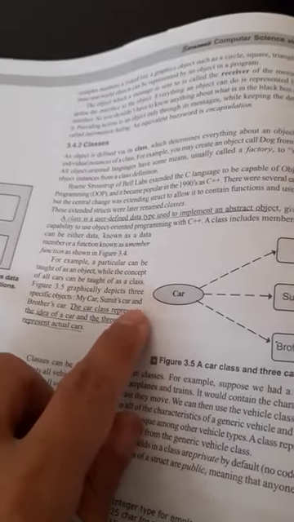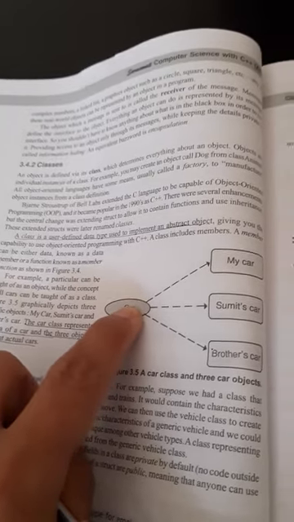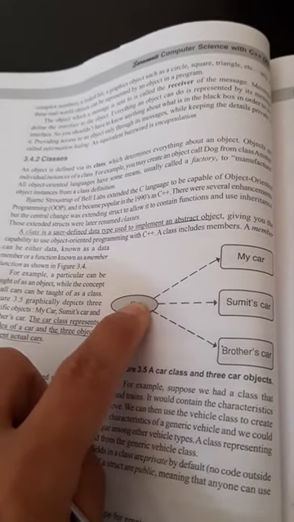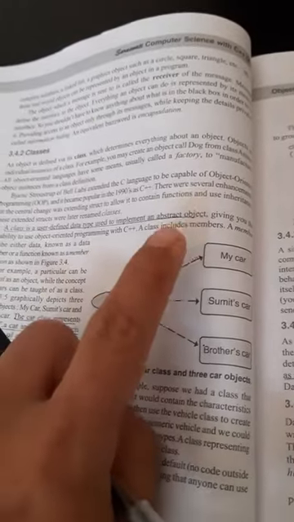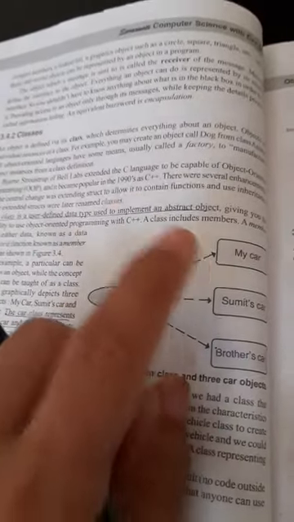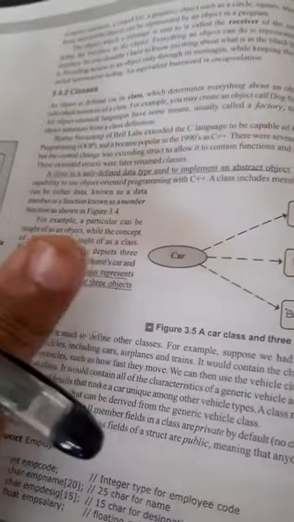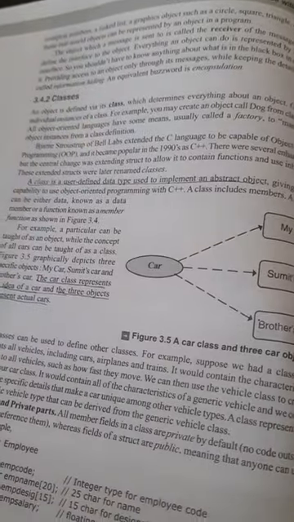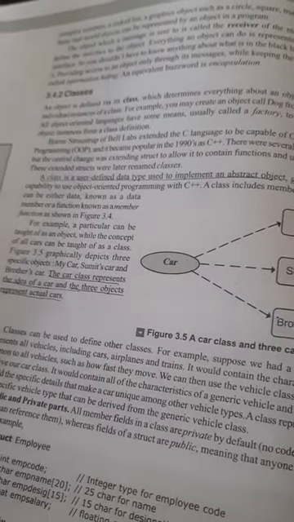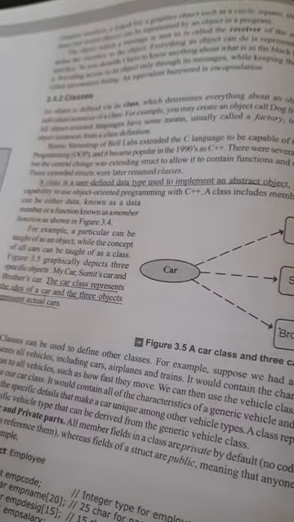Now another example could be fruits. The name of the class is fruits, and based on the class fruits, you have different types of fruits like mangoes, apples, bananas. All of these mangoes, apples, bananas are your objects. So in computer terms, a class is a logical representation, and an object is a physical representation.